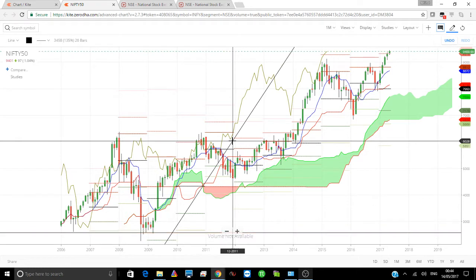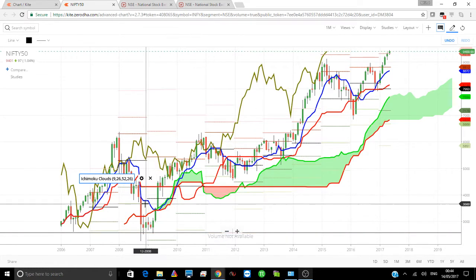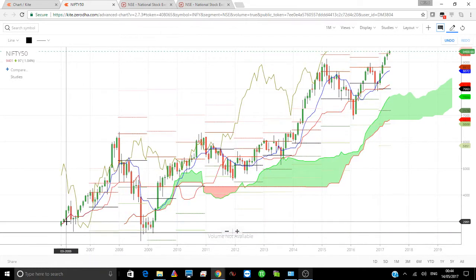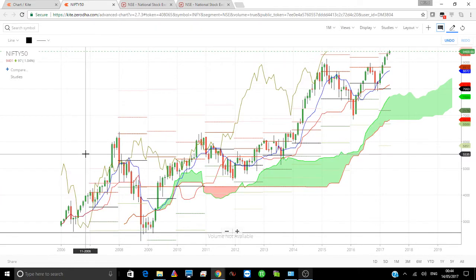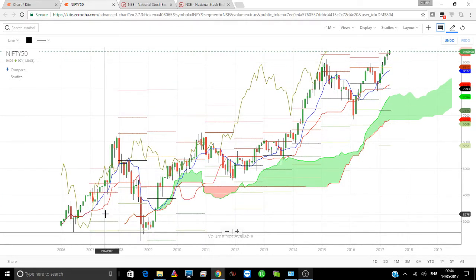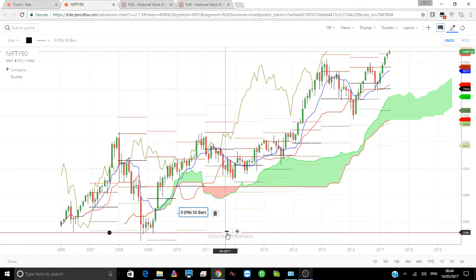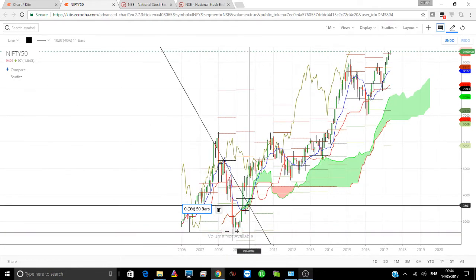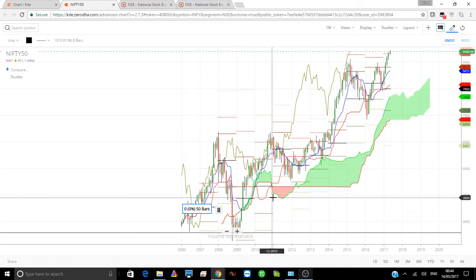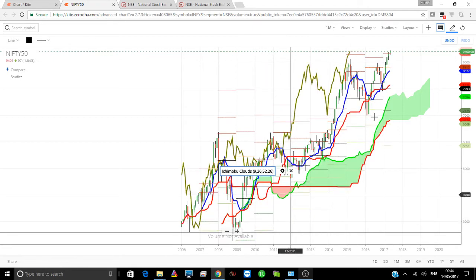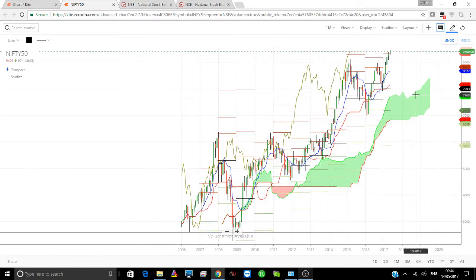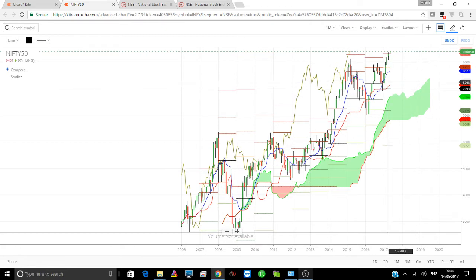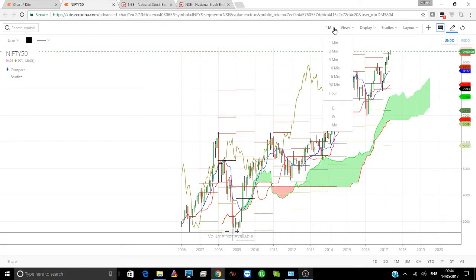Or is it that I'm not going to get the sufficient data? Okay. Anyways, so I have right now data from 2006, from where it clearly says that the trend is up, the monthly cloud is thick green, so you could buy Nifty based on the monthly cloud levels.